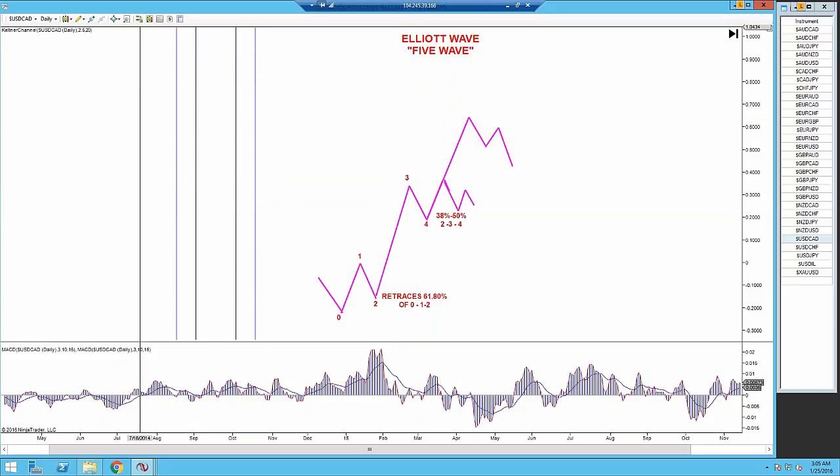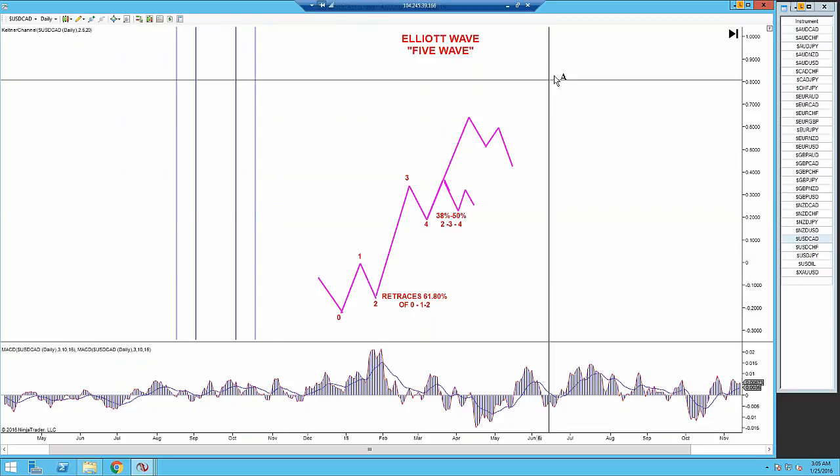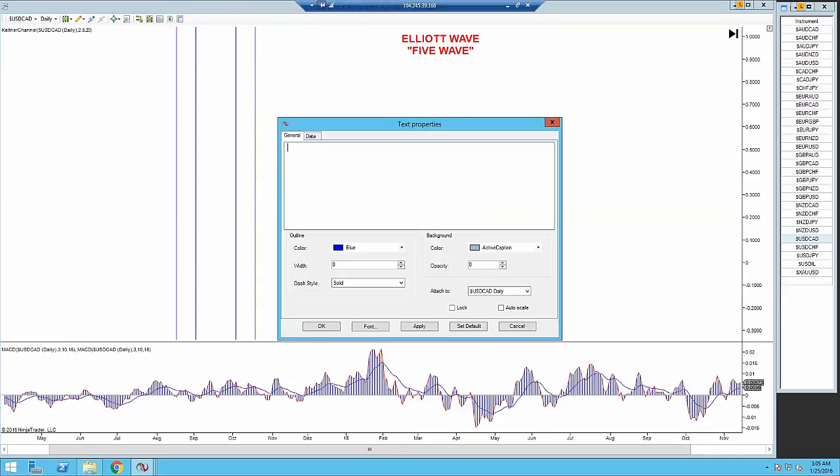Now, typically, Elliott wave, let's start marking up our charts. Number one, 5 waves, typically. Number two, very strongly trending markets will have 7 to 9 waves. That's what the other gentleman had asked about.